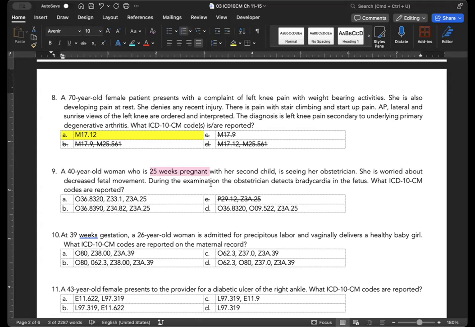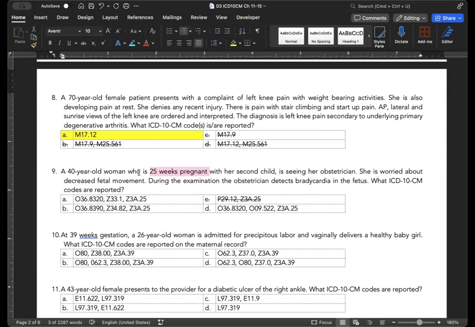There's a red notes section that tells you trimesters are counted from the first day of the last menstrual period, and they are defined as follows. Your first trimester is less than 14 weeks. Your second trimester is 14 weeks to less than 28 weeks. And then your third trimester is 28 weeks. So we know that 25 weeks is going to fall within that second trimester.